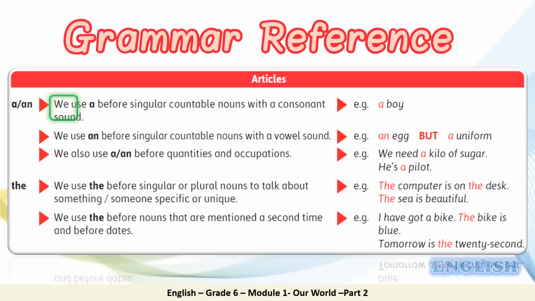The articles a or an. We use a before singular countable nouns with a consonant sound. For example, a boy. We use an before singular countable nouns with a vowel sound.